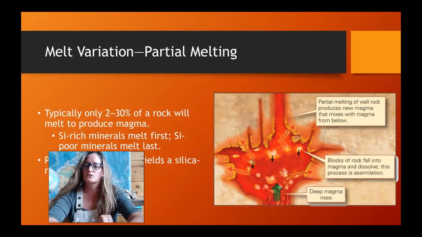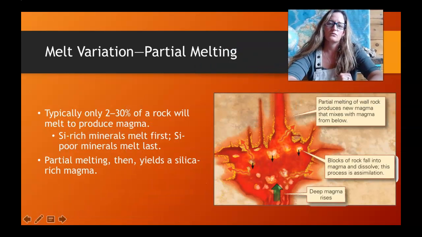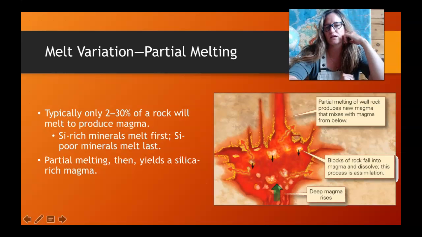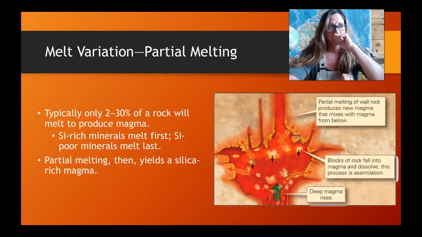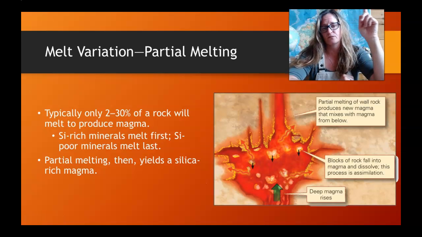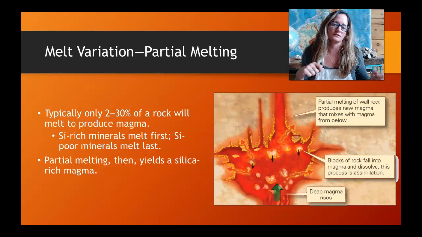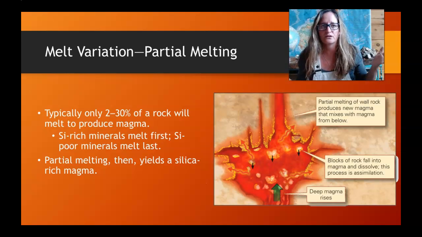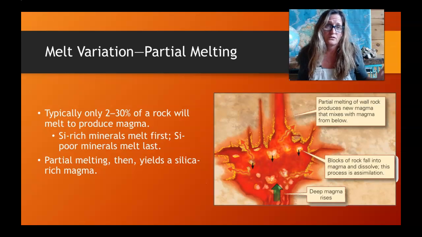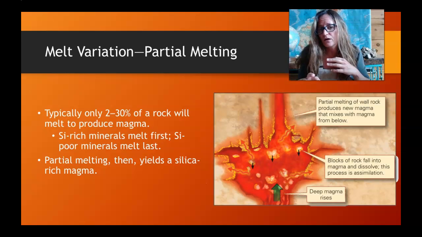All right, so partial melting. We're going to look later at Bowen's reaction series, and Bowen's reaction series is going to tell us that different minerals have different melting temperatures. It's like taking a pot, putting a fork and a stick of butter in it. The stick of butter is obviously going to melt first. The fork is going to take a lot of heat to melt. Minerals are the same way. We can mix a lot of minerals in a pot, and some of them are going to melt before others.